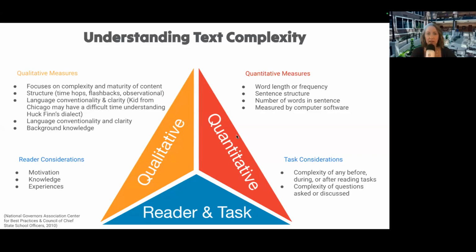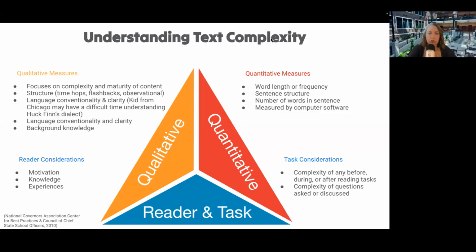So that is the quantitative component of text complexity, and it's the component that most teachers rely on alone, which is a mistake. The other, just as important component is the qualitative piece of text complexity.